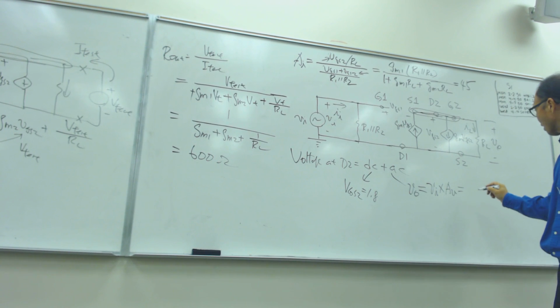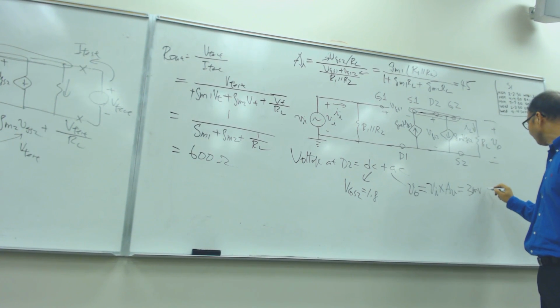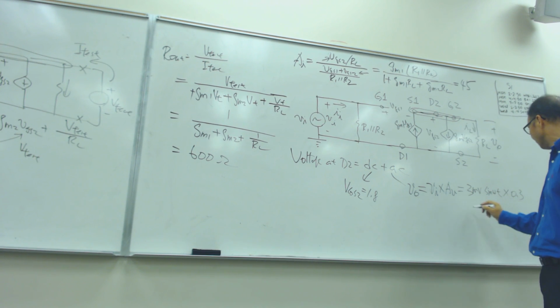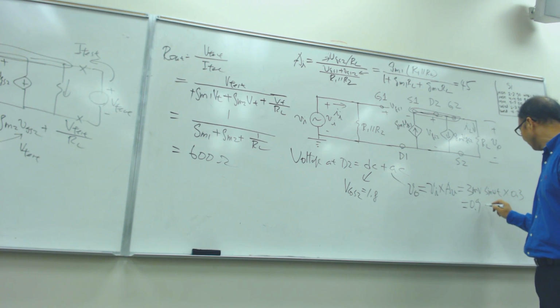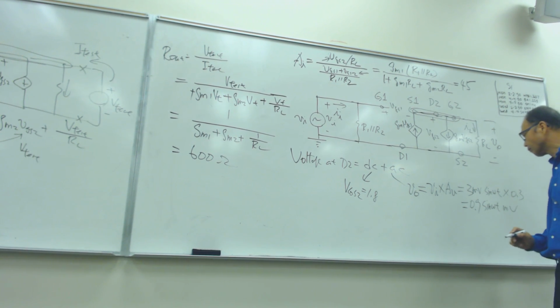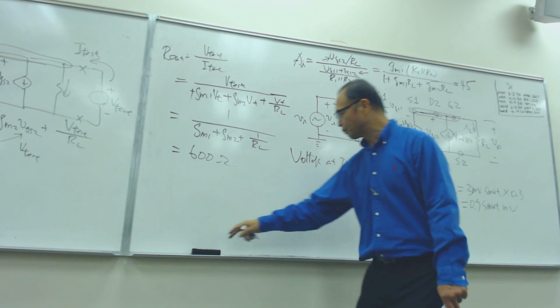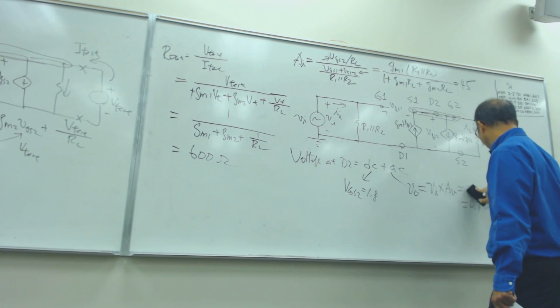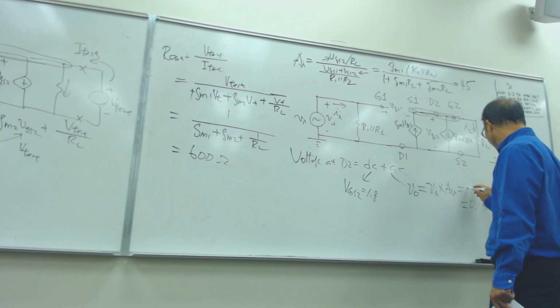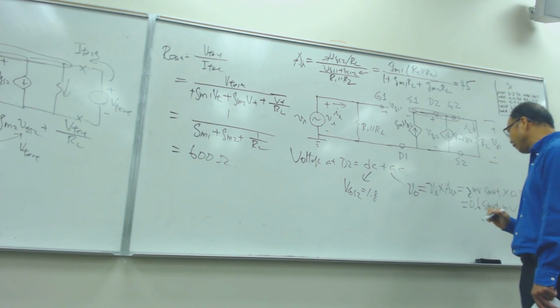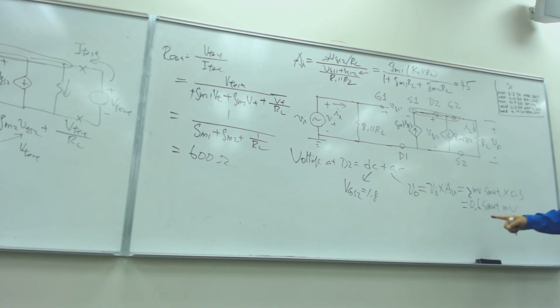And V sub I is given. 3 millivolt sine omega t times 0.3, so it's a 0.9 sine omega t millivolts. So it's 1.8 plus that.